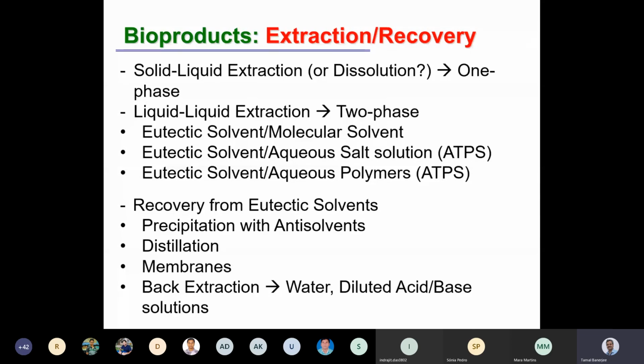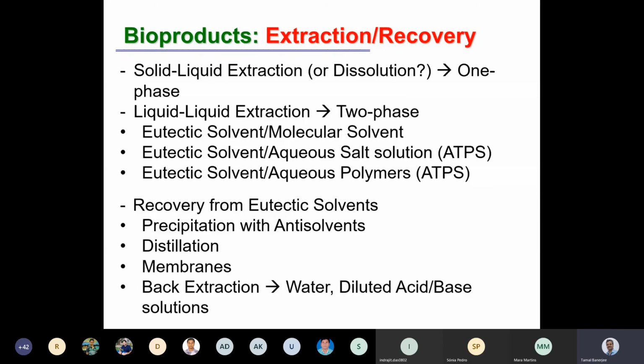You can use distillation to remove some kinds of metabolites that are volatile. You can use membranes, ultrafiltration, nanofiltration, or evaporation. It's another option. It's cheaper nowadays.